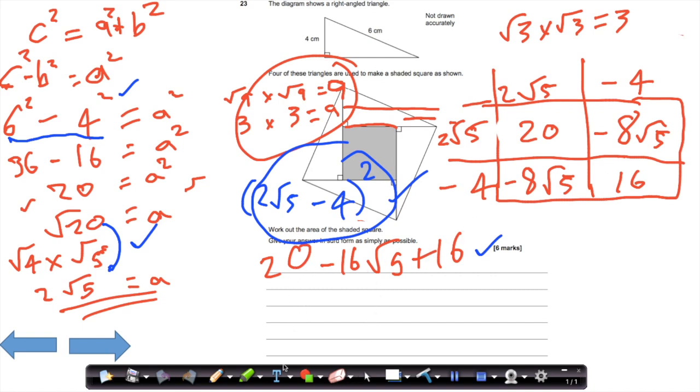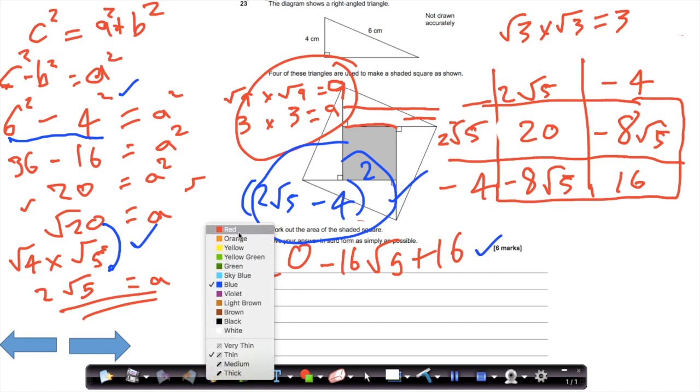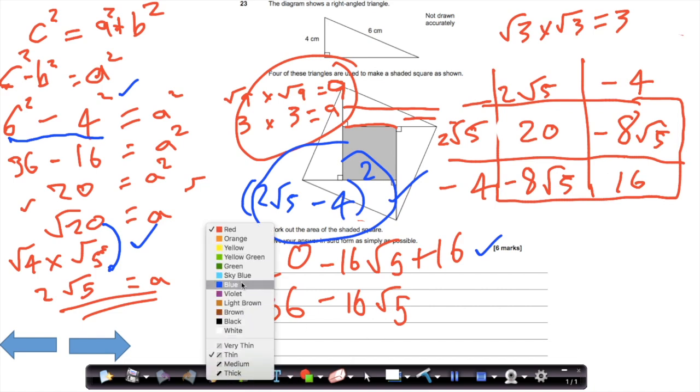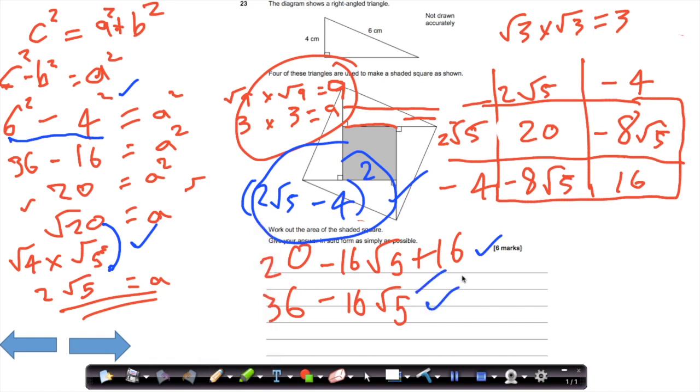And then the fifth mark, which seems a bit strange, is for 20 plus 16, so simplifying it, 36 minus 16 root 5. So our fifth mark is for writing it in this simplified form. And also, actually, our sixth mark was given here as well.